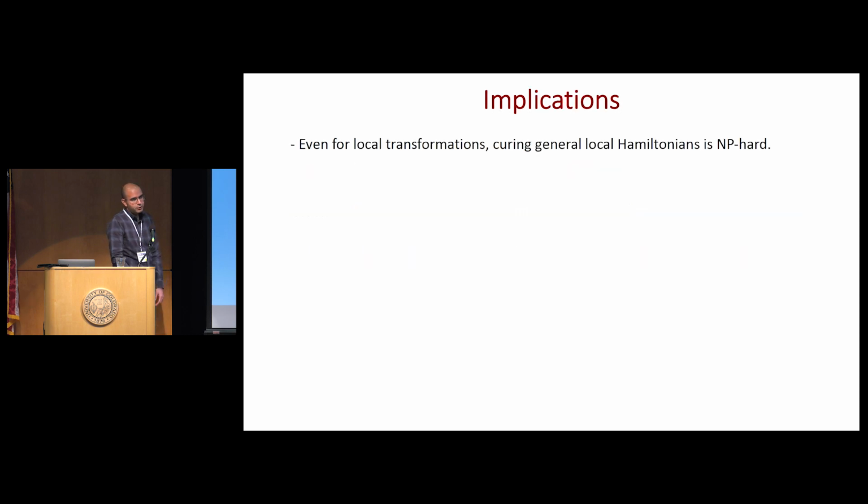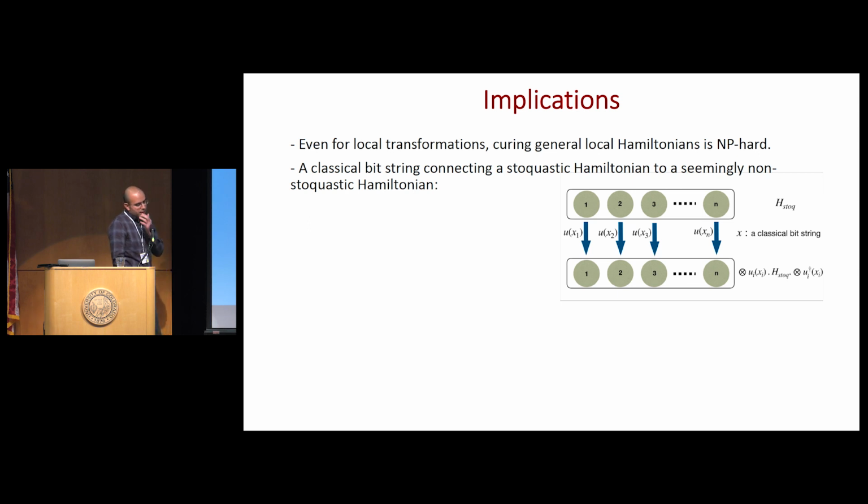Okay, I will talk about the proof in one slide, but before that, let me talk about implications. This I already mentioned, that even for trivial choices, this is already hard, but let me rephrase the problem or talk about another problem, which is I start from some stochastic Hamiltonian, and for each qubit, I choose some random Clifford and rotate it with it.